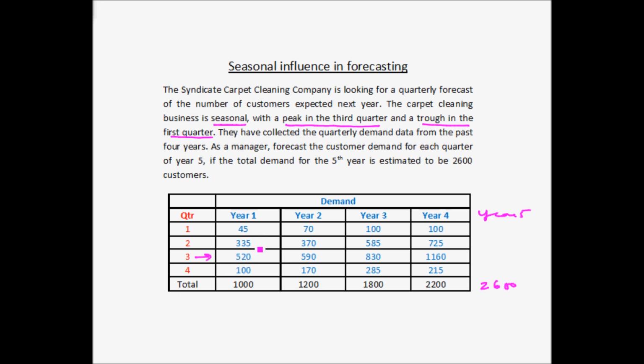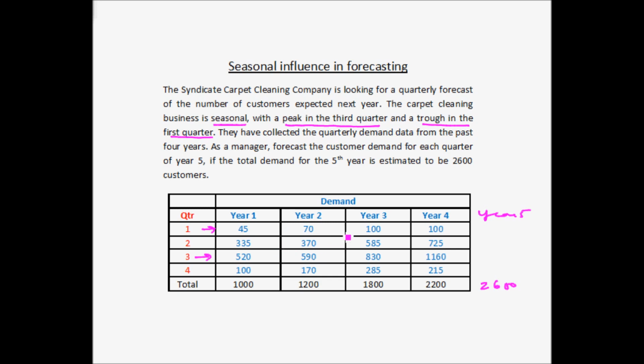If you look at the demand for the 4 quarters of each year, you will see that the demand for the third quarter is the highest, whereas the demand for the first quarter is the lowest amongst all the 4 quarters. So this shows the seasonality in the demand.